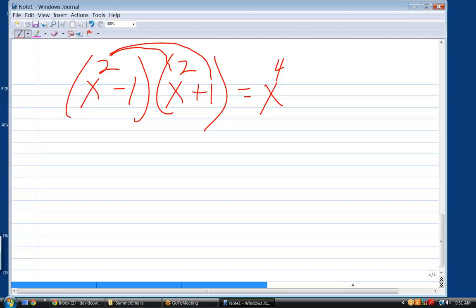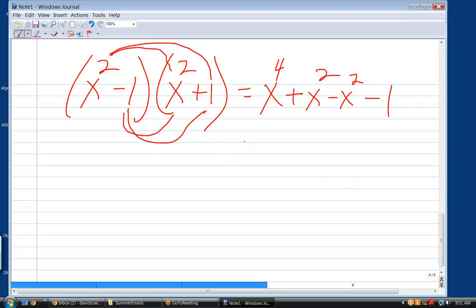In this case, we're taking x squared times plus 1, so we get plus x squared. Okay, now let's do the next step. What's that times that? Negative x squared. Okay, and finally the last term is this times this. Negative 1. There you go.